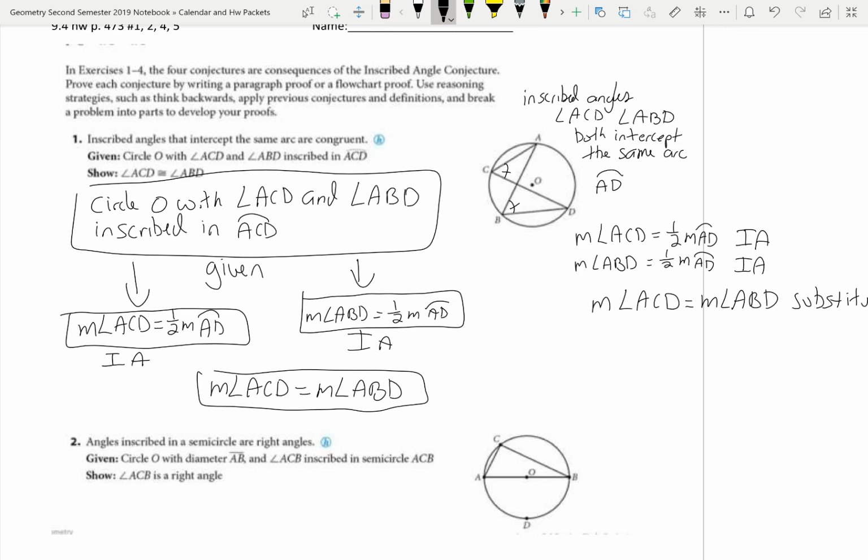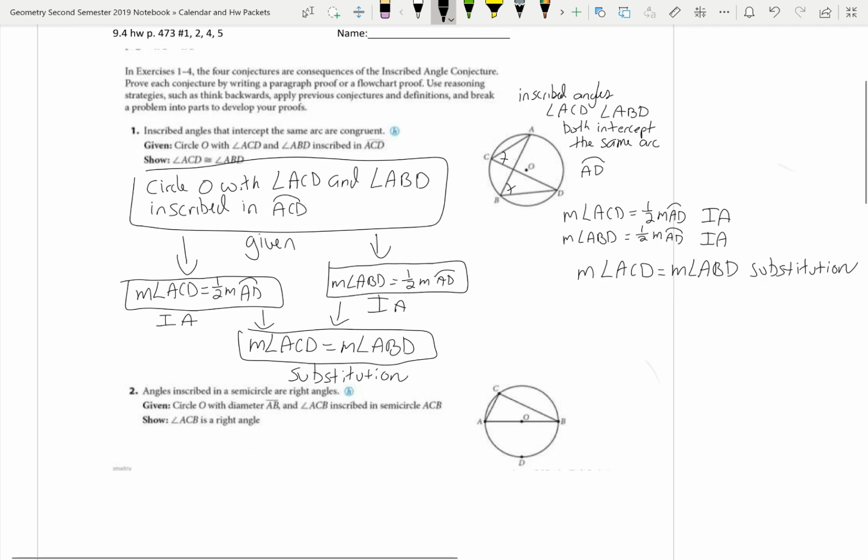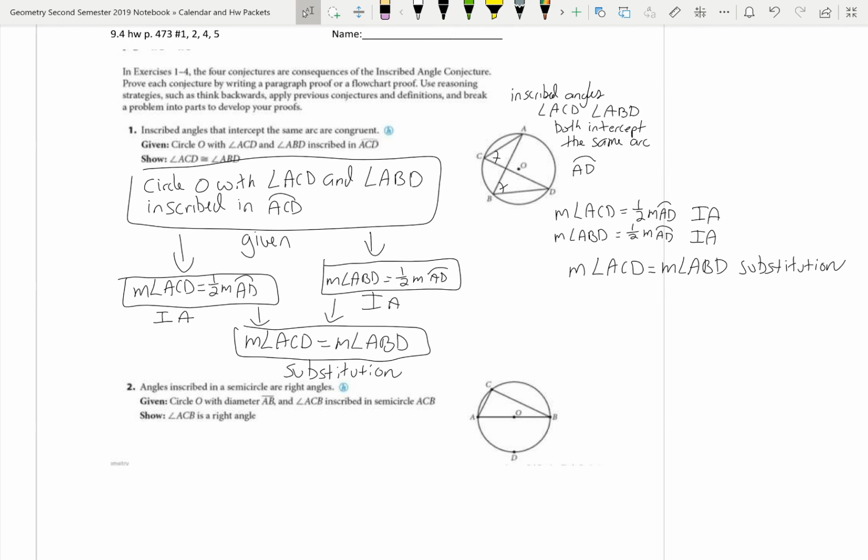And that's going to be, put arrows there, because of substitution. All right, there's my flowchart proof. It's going to clarify that that's the inscribed angles conjecture.